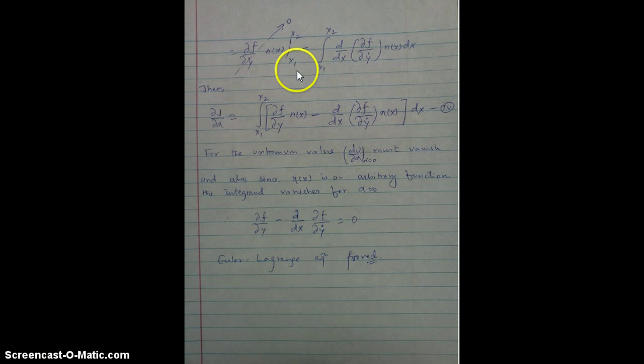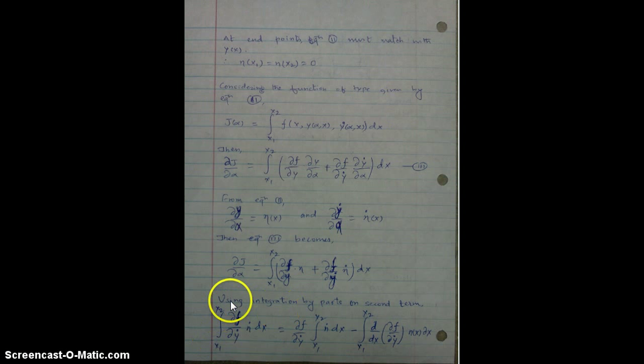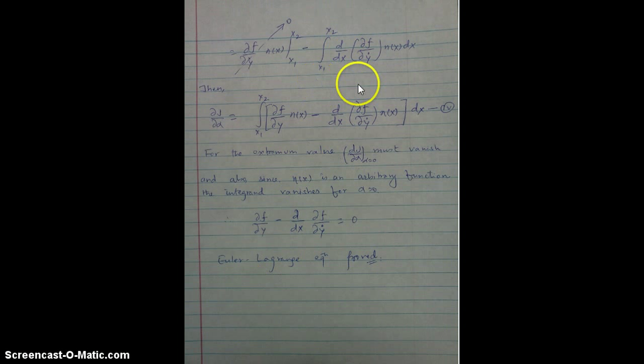Now since at the endpoints x1 and x2 eta of x would be 0, this term automatically goes to 0 and only this term remains. So now I can substitute this with this. That's what I have done over here. So the partial derivative of J with respect to alpha would become this expression over here.